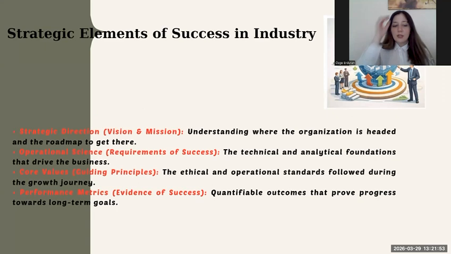This slide will talk about strategic elements of success in industry. An organization's success depends on aligning its vision and mission with measurable evidence of success. Facilities planning is the backbone of this alignment.